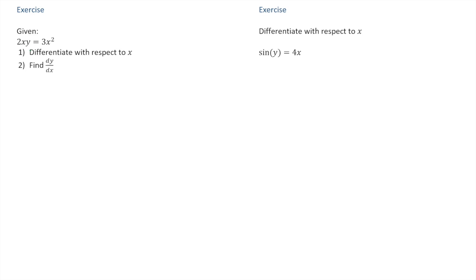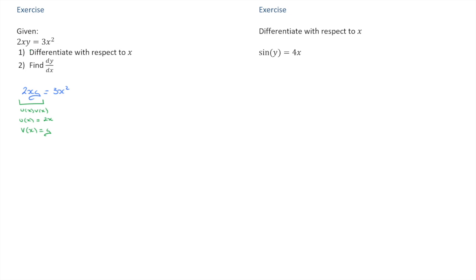Now, to do this, the first thing we need to notice is when we write 2xy equals 3x squared, the left-hand side here should be thought of as the product of two functions. In other words, we need to think of 2xy as u of x times v of x, where u of x equals 2x and v of x is equal to y. And in fact, this is very important.